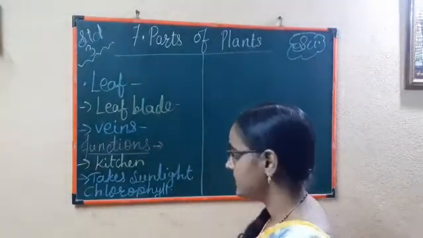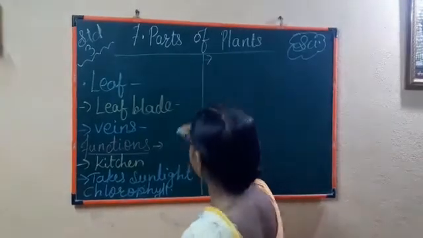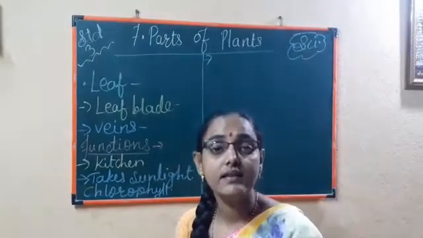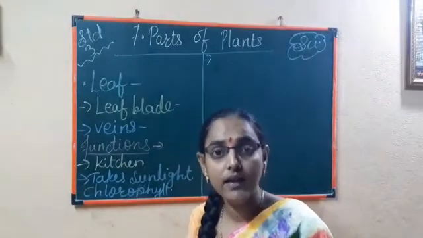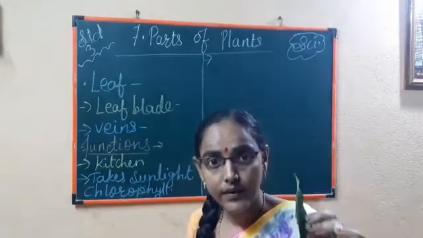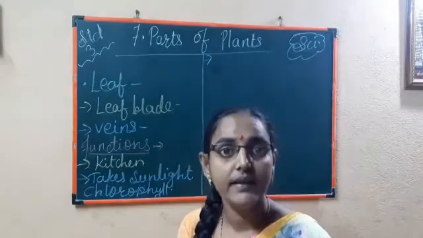Now the next. In the process of making food, the plant requires air, water and the sunlight. These things are required by the plant, by the leaves.